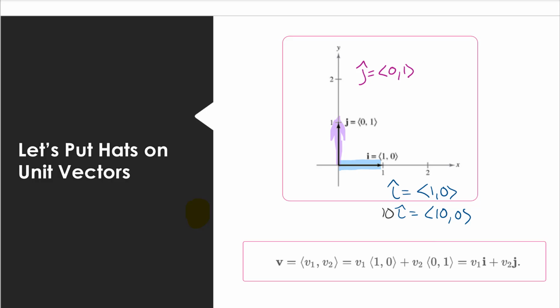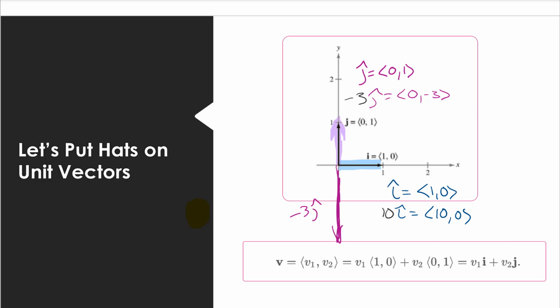Let's go -3 times our j hat. And we just bring it in, 0 times anything, 0, and then -3 times 1, that's just -3. We could have created some sort of vector. Let's go in this way. So -3 j hats. Just by moving it down, giving a little multiplication.